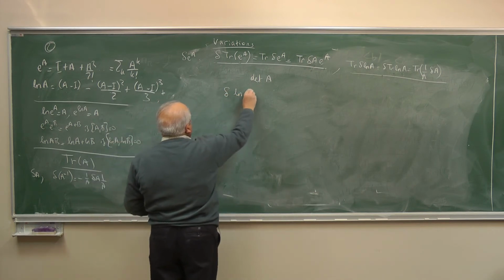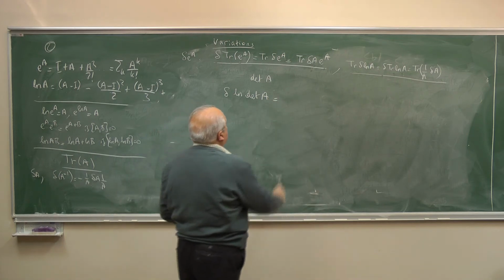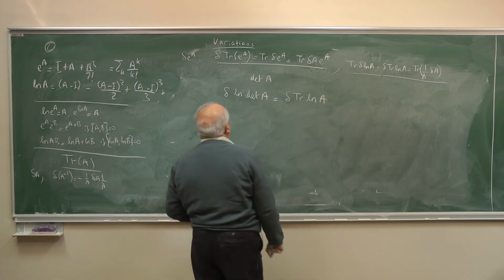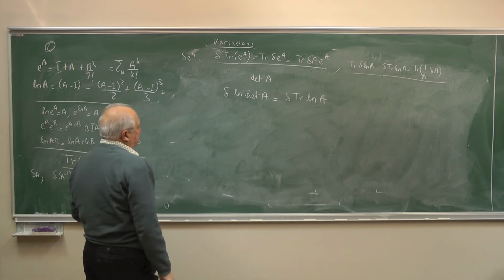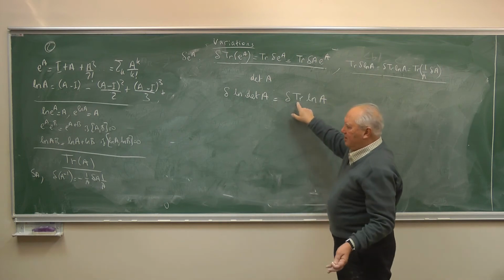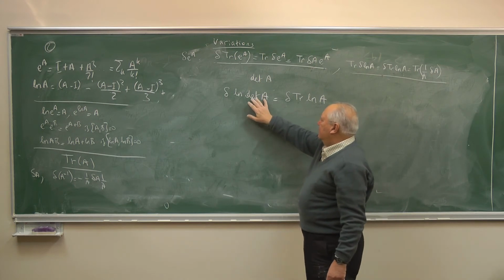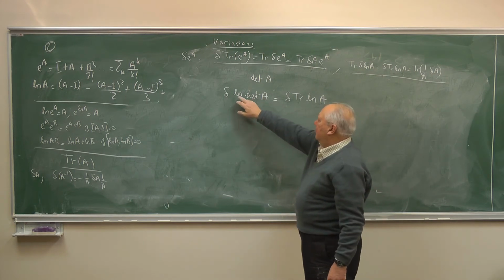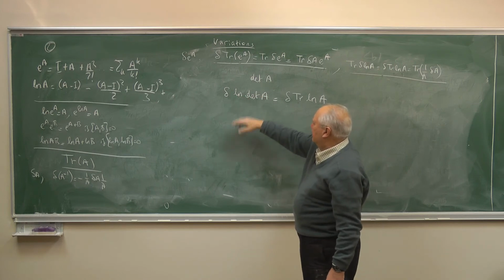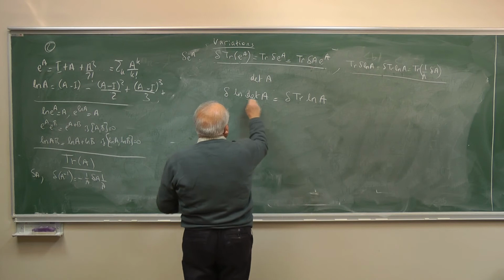Delta log determinant A will be delta trace of log A. You see, log A is a matrix, but trace of it is not a matrix, it is a number. And determinant A itself is a number, so the log of that number. And this defines determinant A.